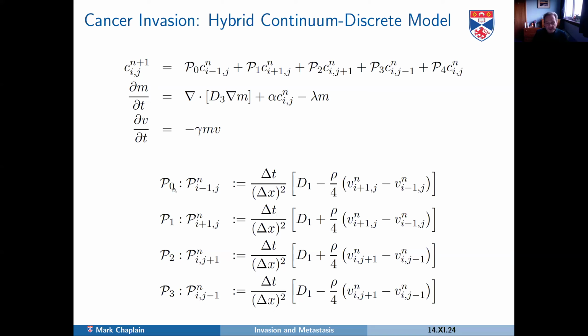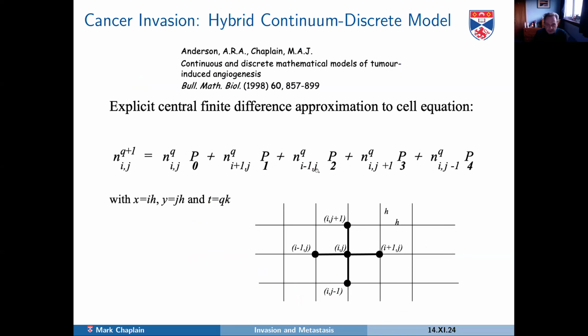And these coefficients, P0 to P3, are essentially, as we saw on Tuesday, an unbiased random walk with these Ds, and the biased random walk is coming through the discretized haptotaxis. So that's providing a bias to the motion. And that biases these numbers P0 to P3, which are proportional to the probability of movement on the 5-point stencil.